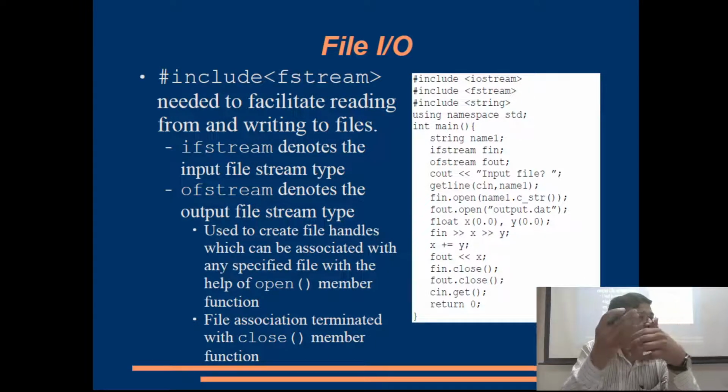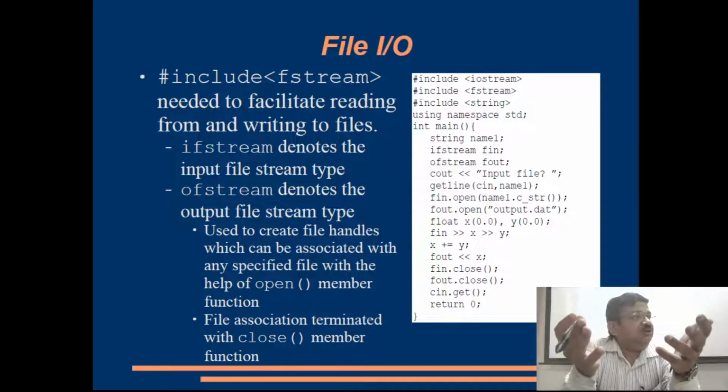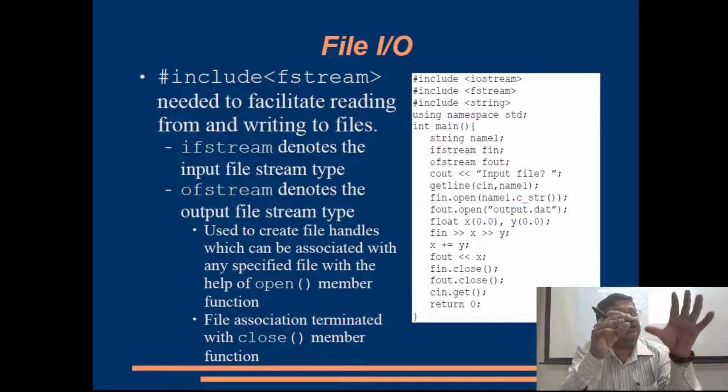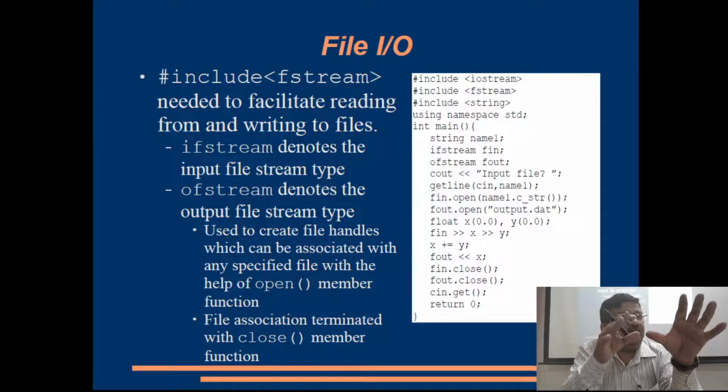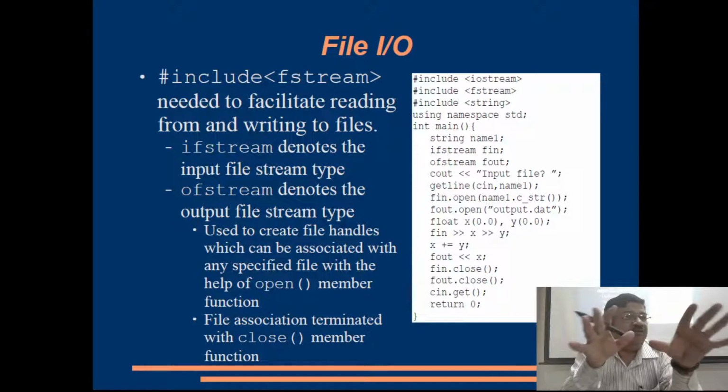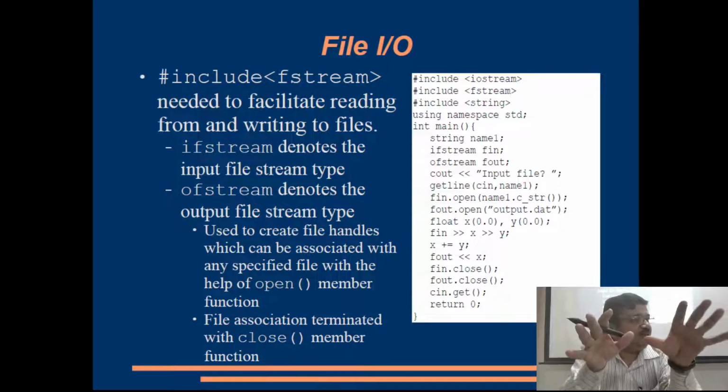So then you need to go beyond the video display unit, the screen. Typically, what we have been using, the keyboard interface, is called the standard input. Keyboard interface is the standard input. Video display unit is the standard output.